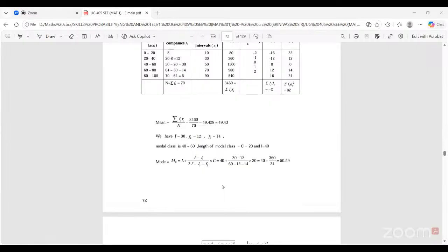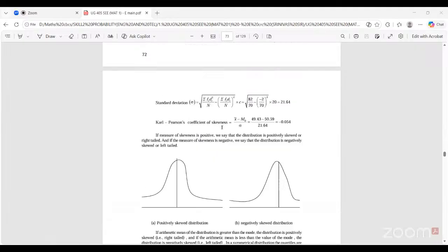Substituting the values, the median class has f equal to 30, and the total output value is 50.59.